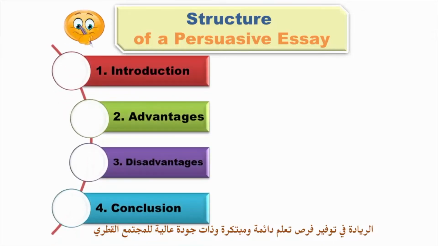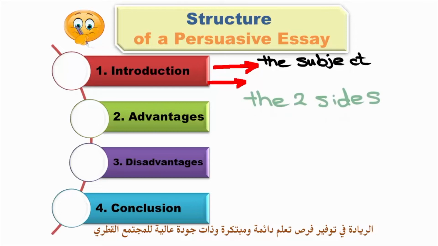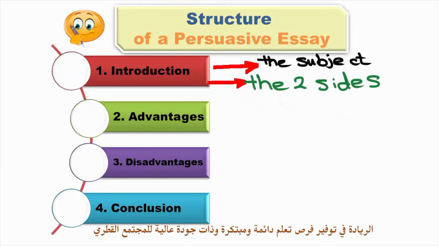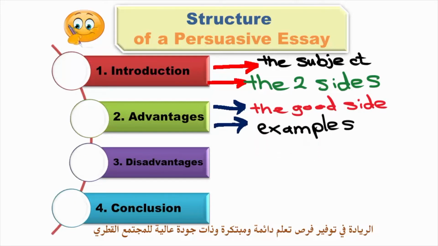A persuasive essay, as you can see, consists of 4 parts: the introduction, advantages, disadvantages, and conclusion. In the introduction, we talk about the subject and the 2 sides of the topic. In the second paragraph, we talk about the good side or the advantages and give examples.